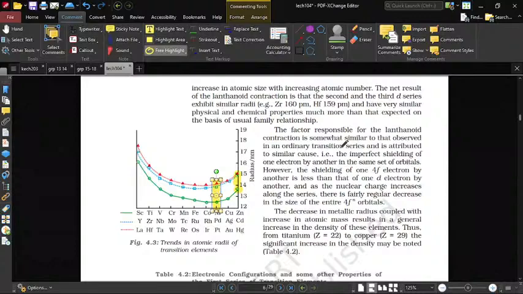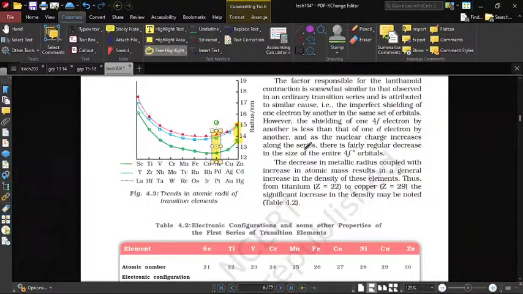And as the nuclear charge increases along the series, there is a fairly regular decrease in the size of the entire 4f orbital. The decrease in metallic radius, coupled with increase in atomic mass, results in a general increase in the density of the elements.